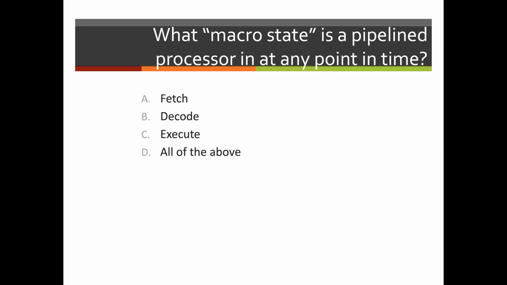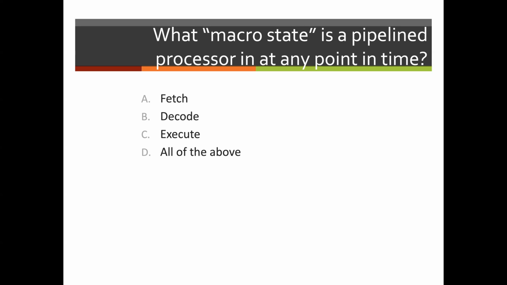And so with our pipeline approach, what macro state is a pipeline processor at any point in time? Is it going to be fetch? Is it going to be decode? Or is it going to be execute, given that execute is normally a large portion of our data path? Or will it be all of the above?